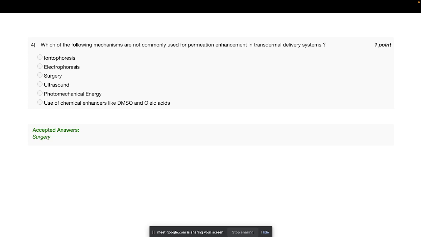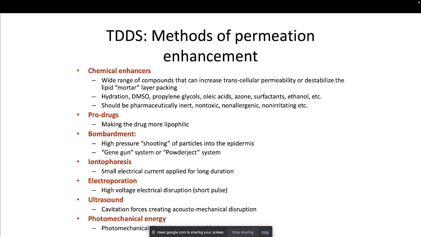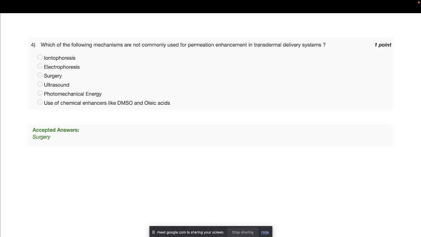To enhance the delivery, we have several methods such as chemical enhancers, making a drug more lipophilic, or bombarding the drug through gene gun, or you have iontophoresis and electroporation, where you apply electric current to help destabilize this lipid layer, and then your drug can permeate through this layer, or you have ultrasound or laser energy. So the only way which is not used for permeation enhancement is the surgery.